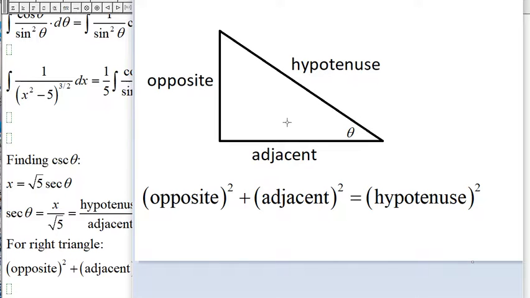This is a right triangle, so we have opposite side squared plus adjacent side squared is equal to the hypotenuse squared. In this case, the hypotenuse is x, the adjacent side is the square root of 5, and we're looking for the opposite side.